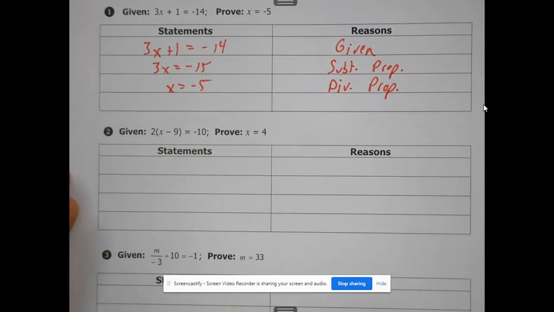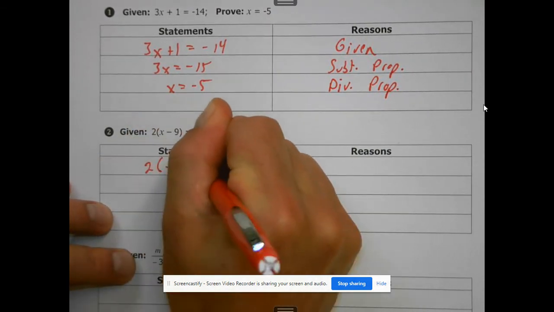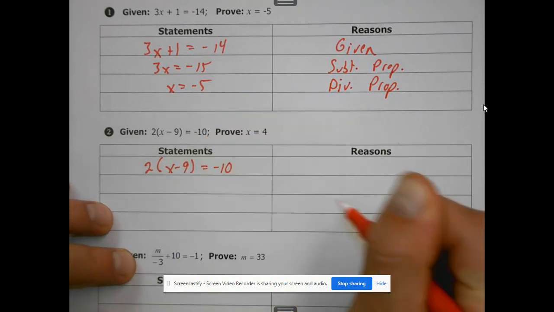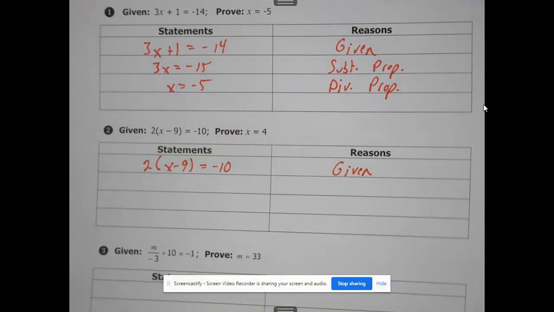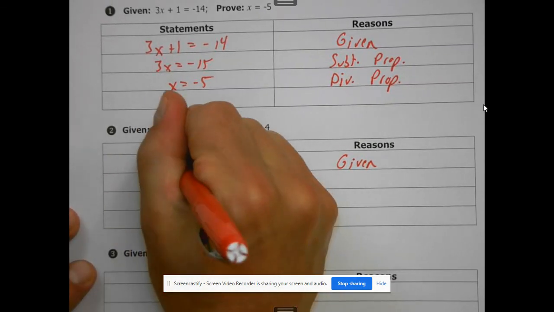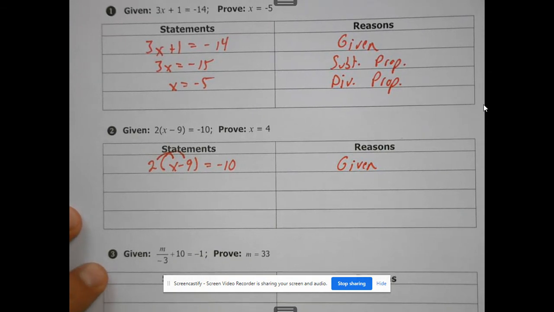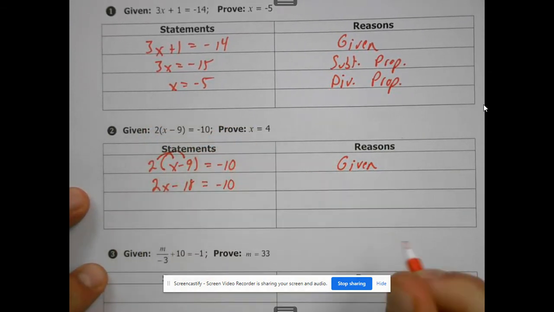Number 2, first statement is what we were given. 2 times x minus 9 equals -10. Reason always first is given. First step, I'm going to distribute my 2 to both pieces over here. So that gives me 2x minus 18 is negative 10.